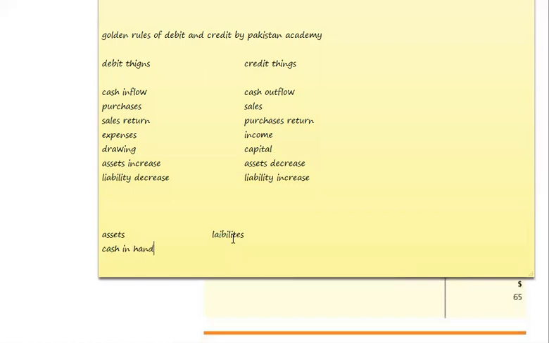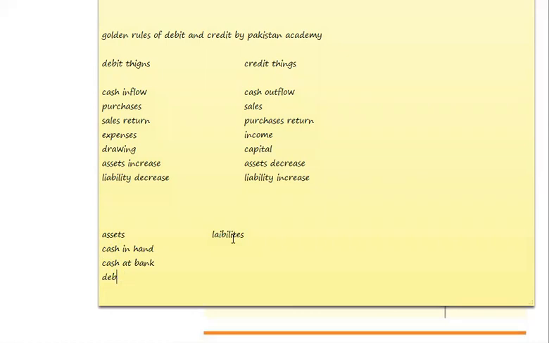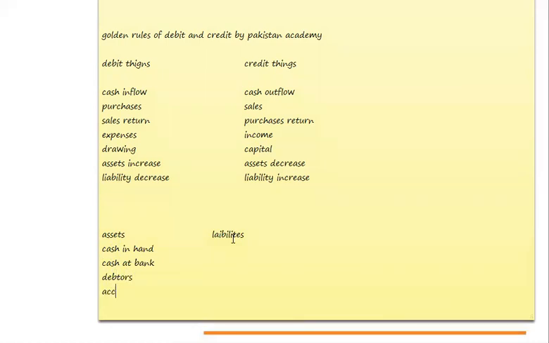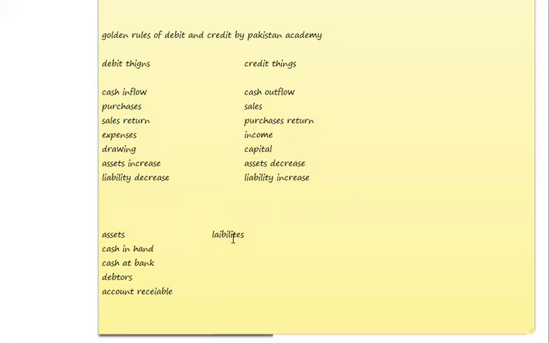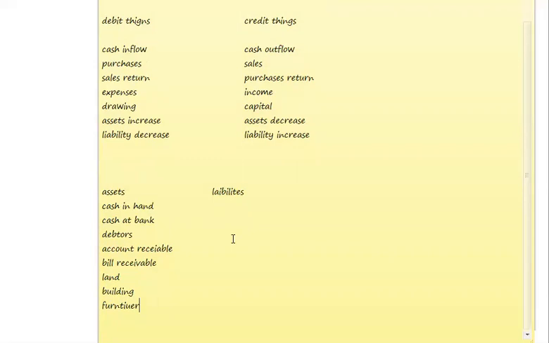Cash in hand is an asset, cash at bank is an asset, debtor is an asset, account receivable is an asset, and you may say bills receivable as assets. Land, building, furniture are assets, and plant and machinery.